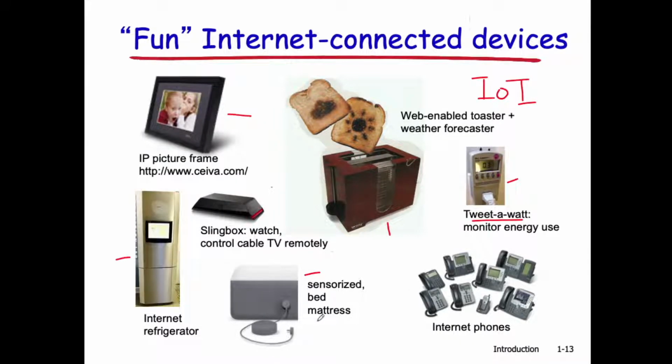Then a smart mattress, which can sense how you sleep overnight and provide some feedback to you. This can further be made a little bit robotic, not just sensing but also adjusting the firmness of the mattress to ensure you have a good sleep.